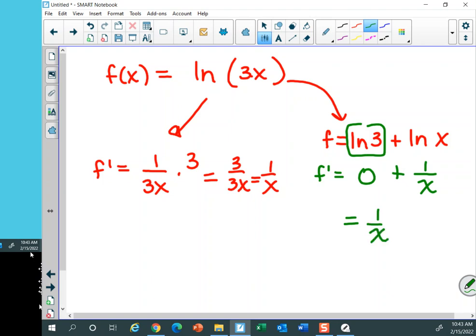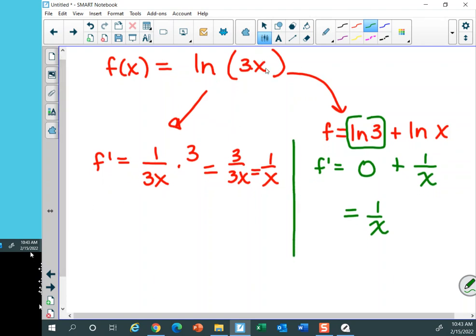So a property will work on this problem. It will help you. You can get to the answer if you rewrite this, but you don't have to as much as when this is a more complicated product or a quotient or you've got exponents in there. So you'll see some problems, I'll look at them, you'll be like, couldn't you have used a property? And I was like, yeah, but I just didn't.